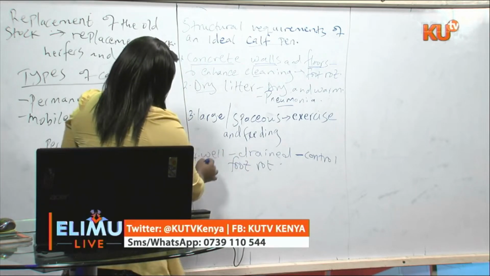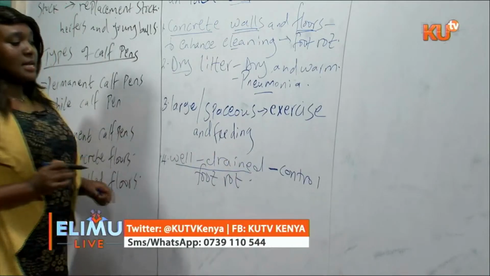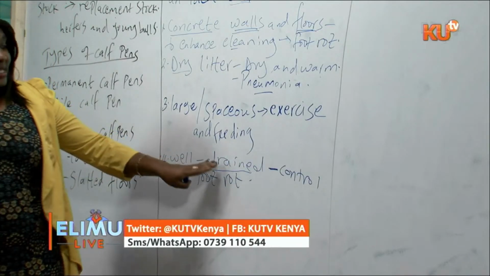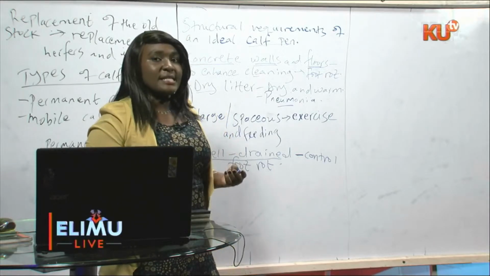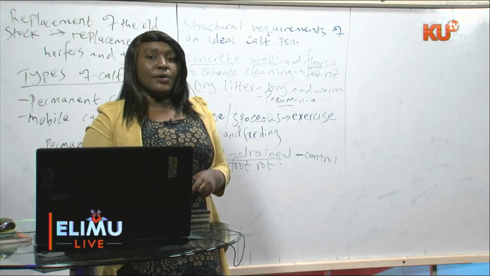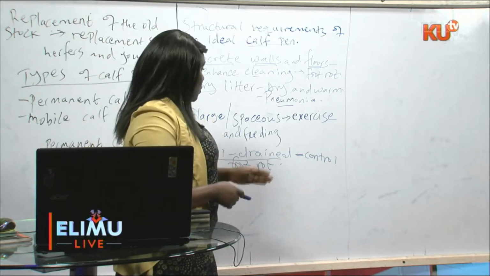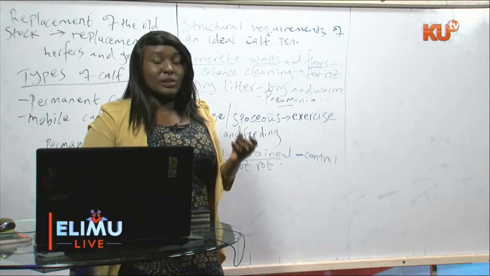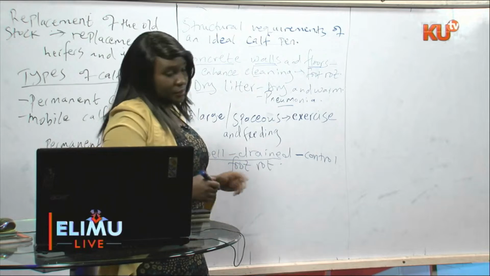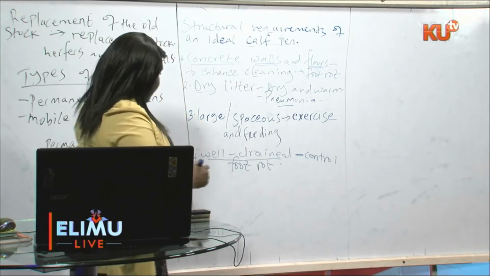So that is the 4th point: a well-drained area. You should site your calf pen on a well-drained area, not one where, with just a slight rain, you realize that the place is getting so mushy. So we need a place that is well drained in order to facilitate an environment that cannot harbor diseases like foot rot.